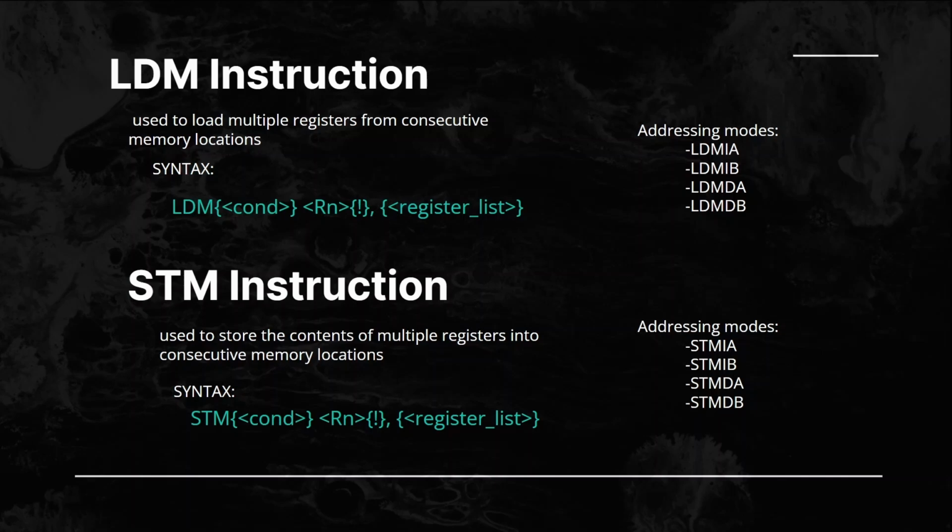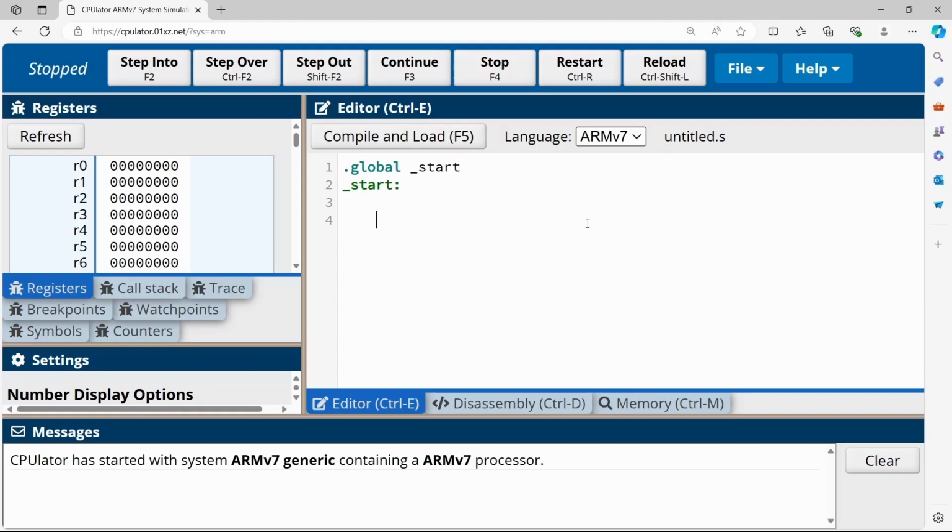Now let's understand this mode at CPU level. Now let's discuss load multiple at CPU level. Let's take the base register R0. As I discussed, there were 4 addressing modes: increment after, increment before, decrement after, and decrement before.